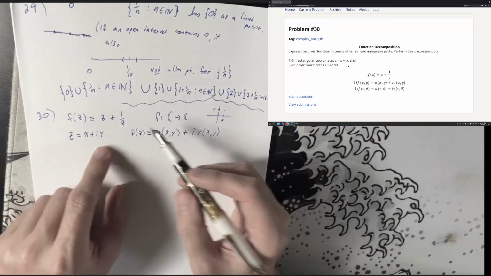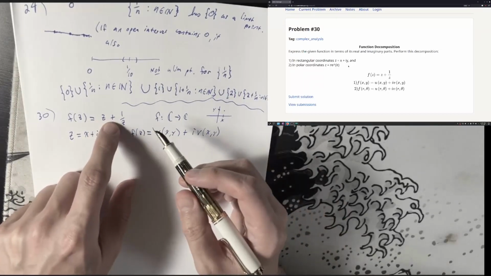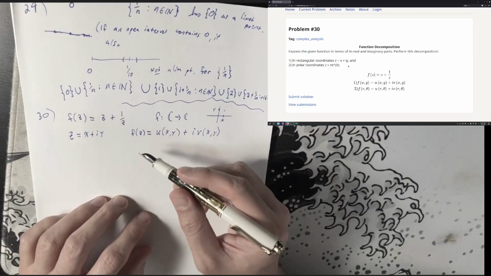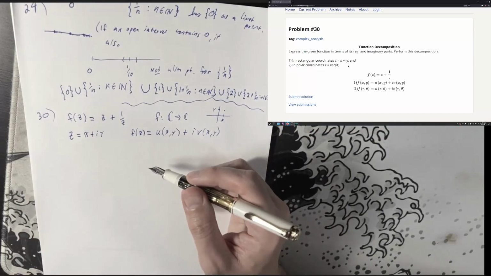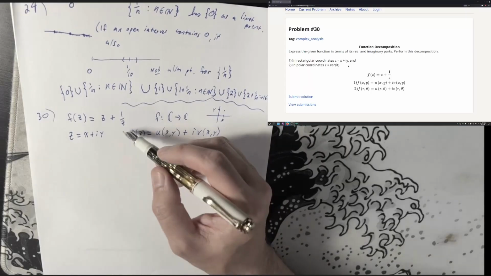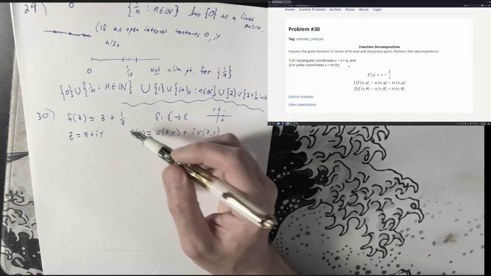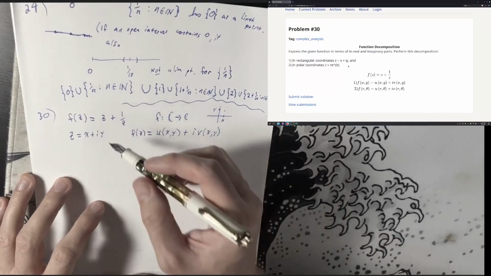But what we do to our input is this. We take it, we just do the identity, we don't do anything to it, and then we add the reciprocal of it. There might be a more clever way to write this, but maybe I'll leave that alone. I don't think we're going to need it.